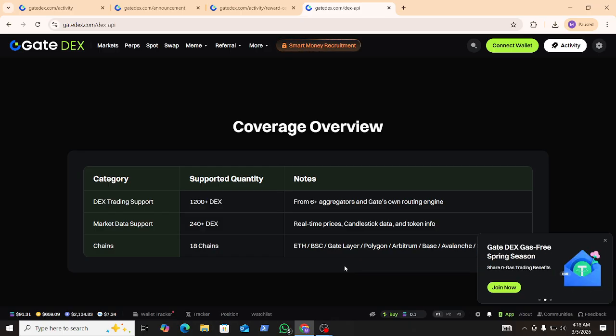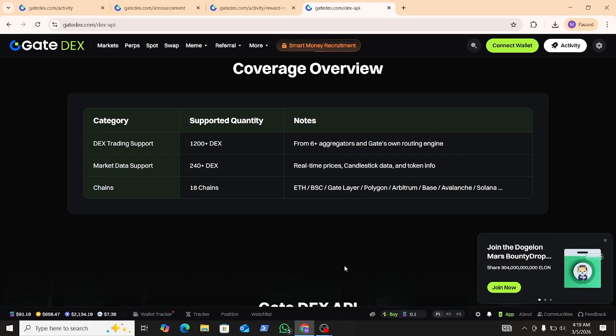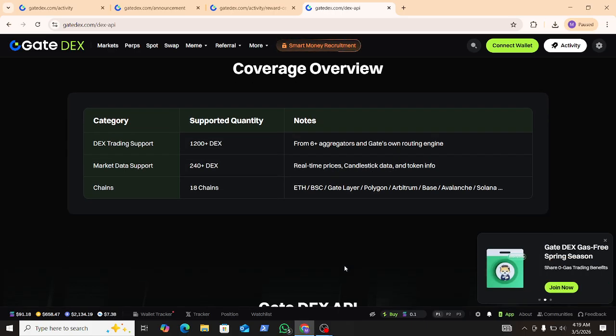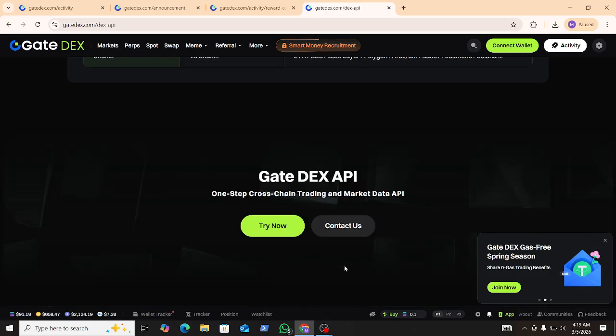Category chains: spot quantity 18 chains nodes, Ethereum, BTC, Gate Layer, Polygon, Arbitrum, Base, Solana and so on. GateDEX API, one-step cross-chain trading and market data API. Try now, contact us.